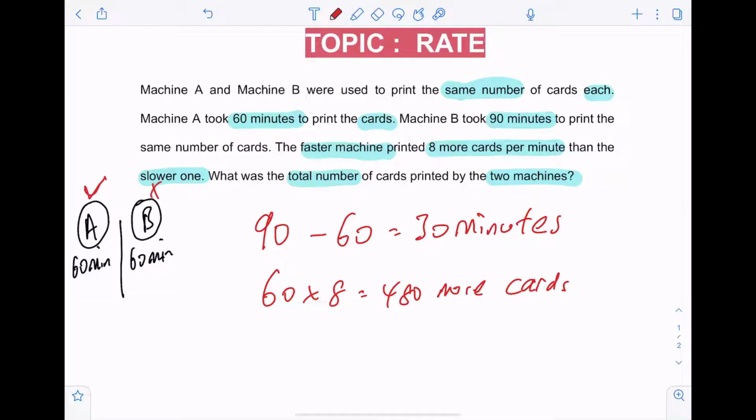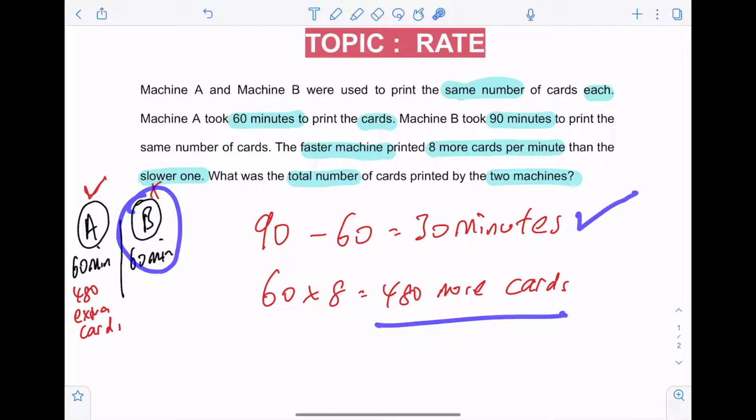This guy not able to complete the job in 60 minutes. Why? Because in that 60 minutes, machine A is printing 480 more cards, extra cards, that machine B is not able to print. So that's why machine B is requiring the additional 30 minutes to print this extra 480 cards.